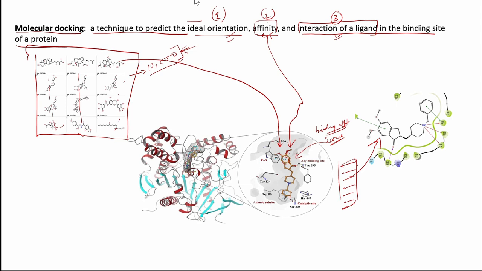So this should be blocking the catalytic residues. And also if you can compare with the reference molecule how it is interacting, you can also look at your top scoring molecules and see if they have similar interaction as the reference molecule.